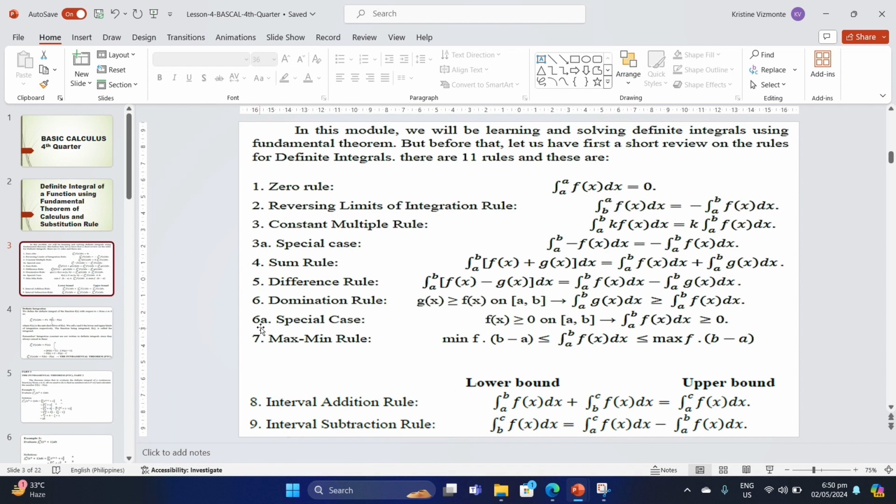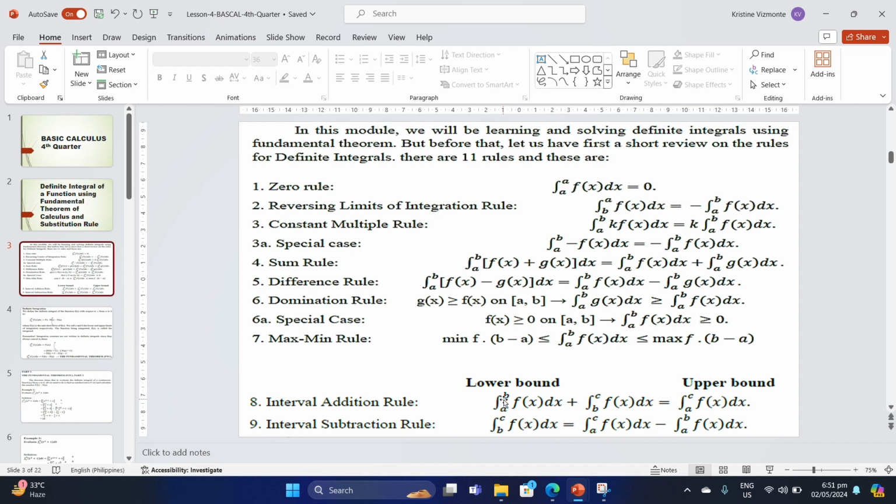Next, for our max-min rule: the min of f times b minus a is less than or equal to the definite integral from a to b of f of x dx, which should be less than or equal to the max of f times b minus a. Next, for our lower bound and upper bound.